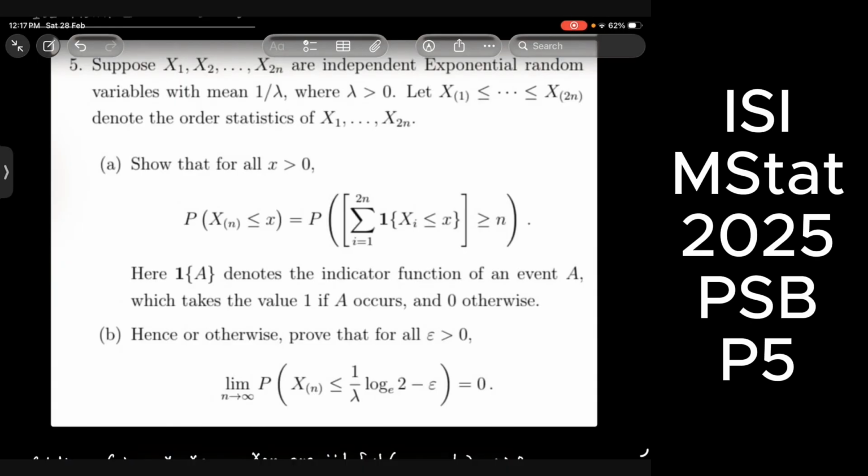It is actually order statistics. I hope x order 1, x order 2 are in order, but x1 up to x2n is not in order, right?